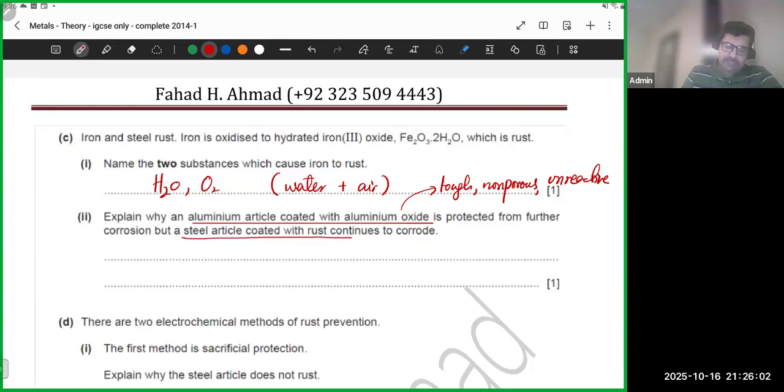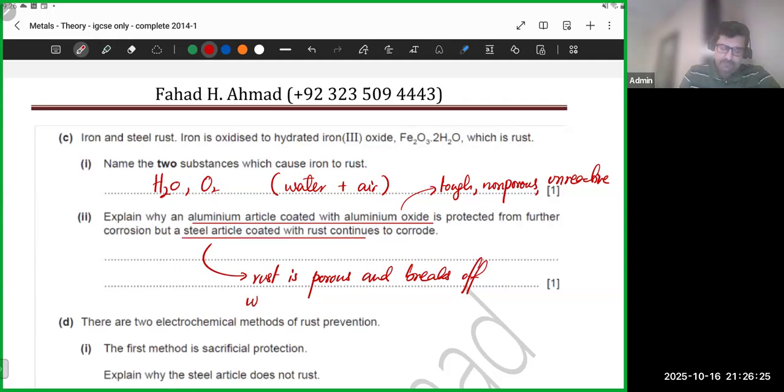Now the steel article coated with rust. When iron or steel starts to rust, rust is porous and breaks off easily. It's not tough.